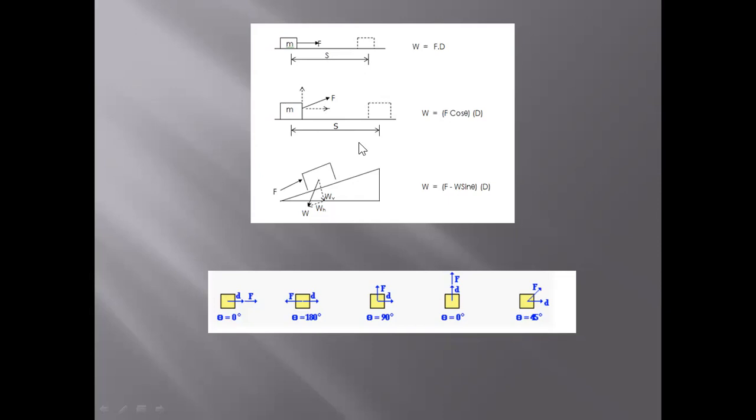Now for a block being pushed or pulled on an inclined plane, we're going to consider the following. The quantity here is actually the summation of forces with respect to the inclined x-axis. So what are the forces affecting the inclined x-axis? We have the friction, and then the force applied, as well as the inclined horizontal component of your weight, WH.